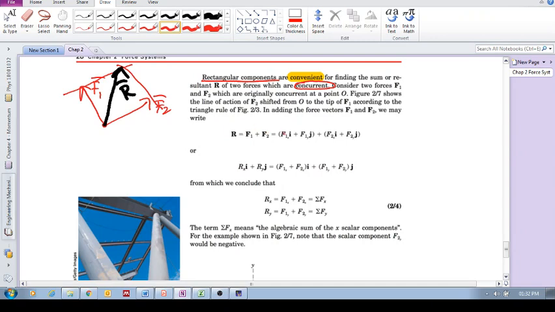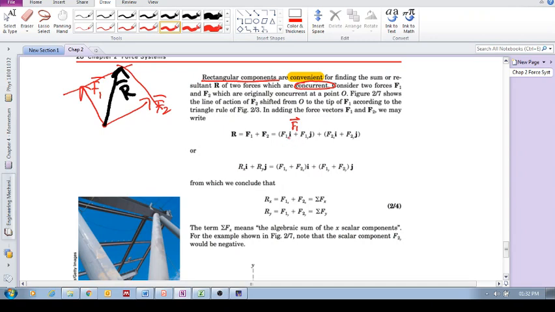What does F1 look like? It is the scalar F1x times i plus F1y times j. So this is F1. And then we've got F2. These are now written in terms of i's and j's.